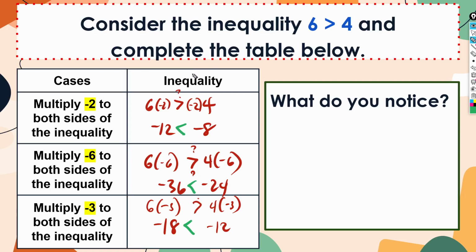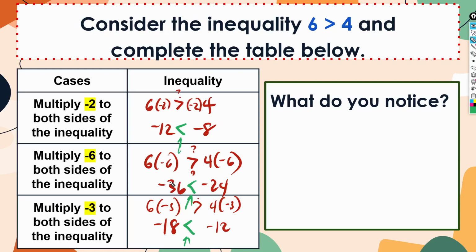Nothing really changes. The truth of the inequality is still the same. It's still true. However, if we instead multiply by a negative number, nakita natin na kung gusto natin na true pa din yung resulting inequality, we sort of flip our symbol para maging true pa rin siya. Diba? Binabaliktad natin yung symbol.